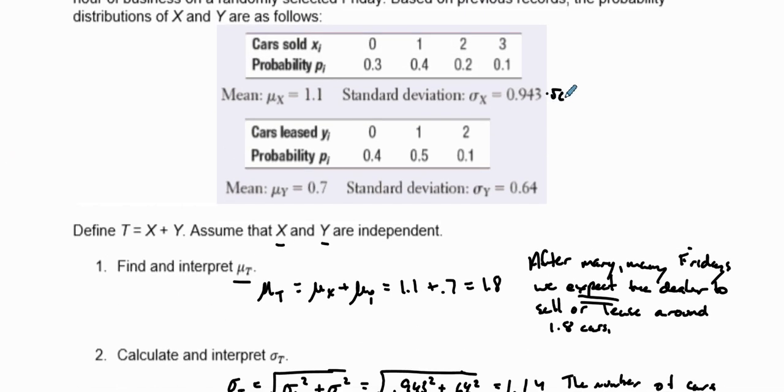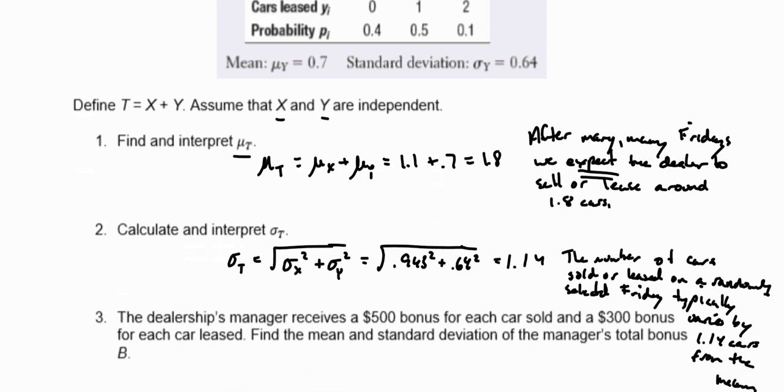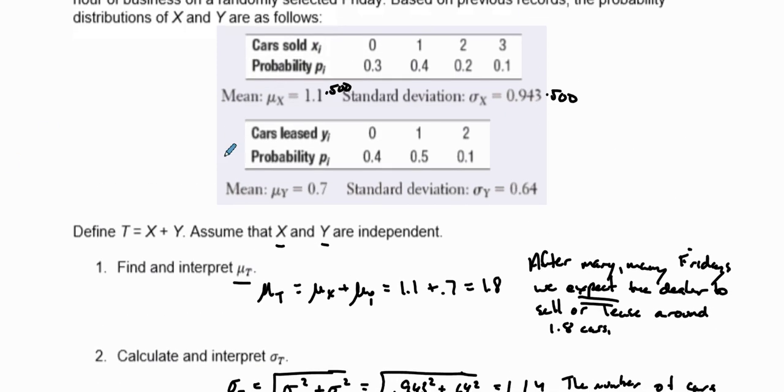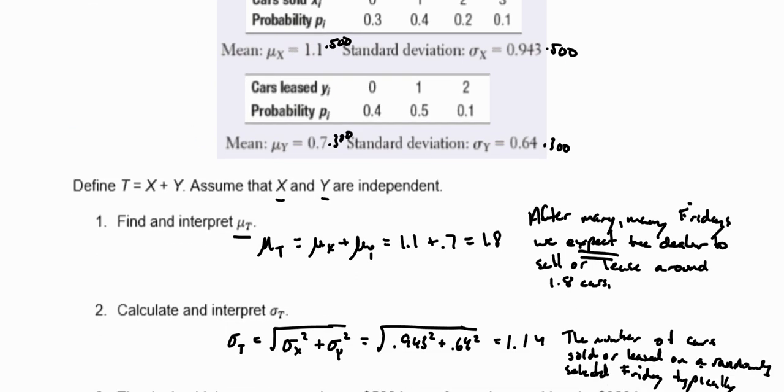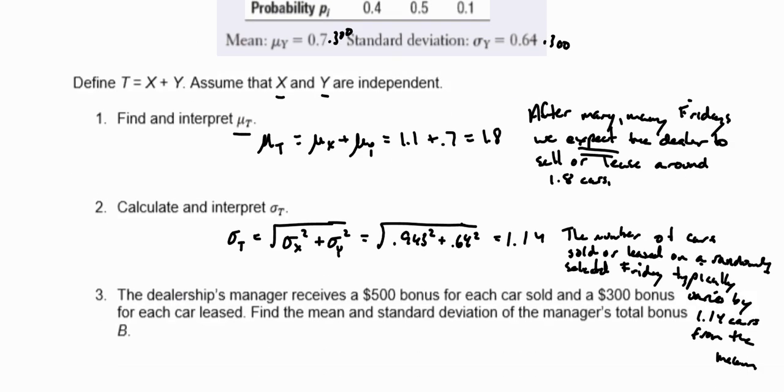So this value is multiplied by 500, and for the leased cars, this is going to be multiplied by 300. This is how we can do it for means and standard deviations whenever you multiply by those values. And so now it asks, what is the new mean and standard deviation?